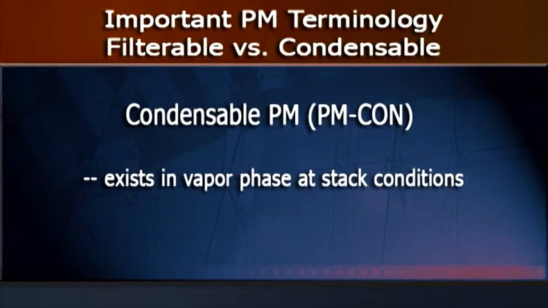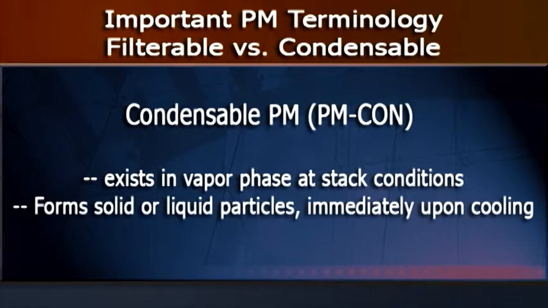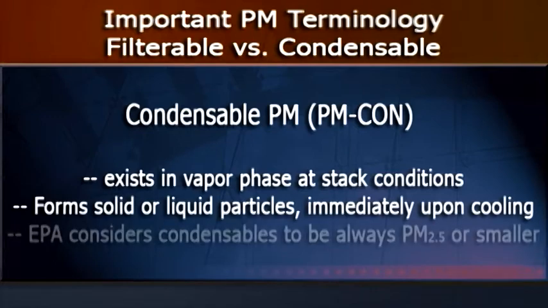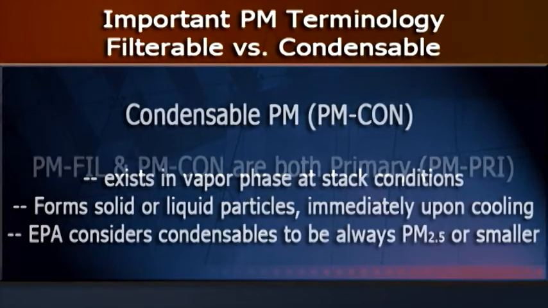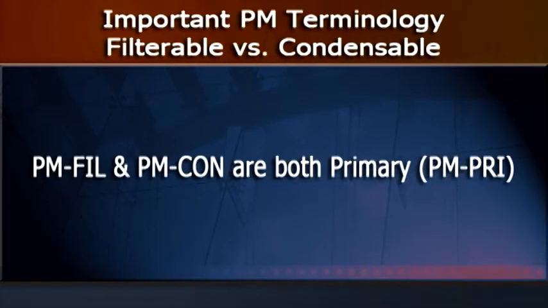It's abbreviated PM-CON. Condensables form solid or liquid particles immediately upon cooling. EPA considers condensables to always be 2.5 or smaller. And remember, PM-FIL and PM-CON are both primary particles.